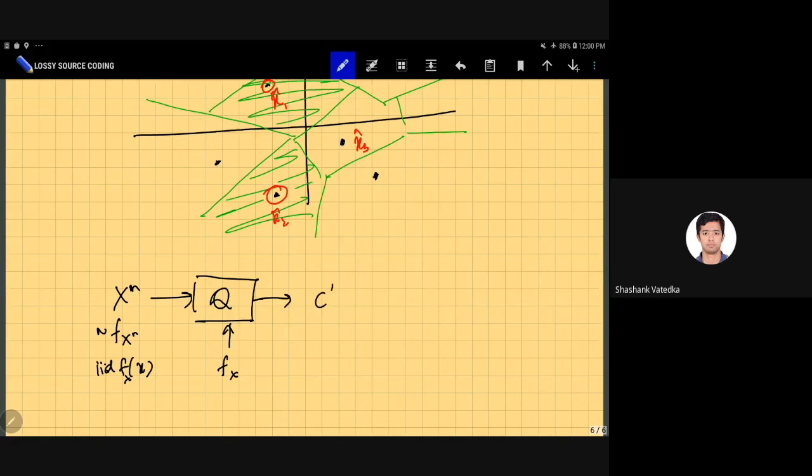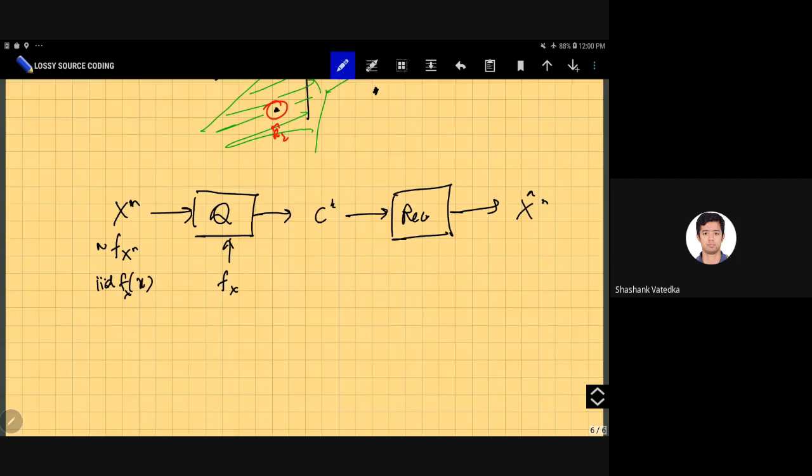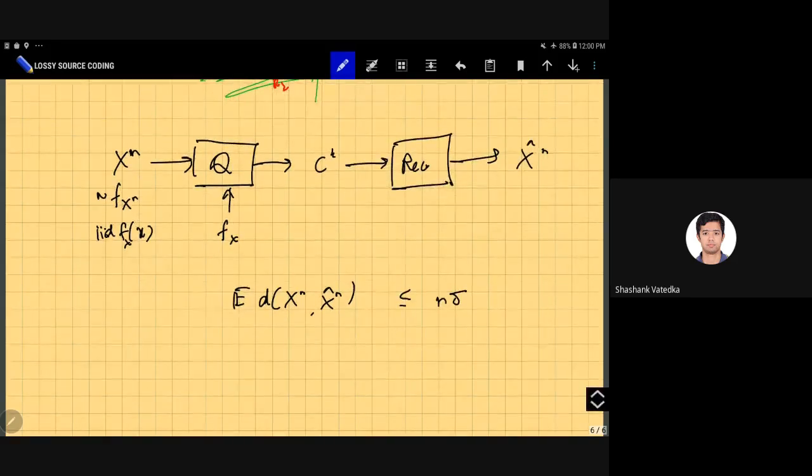Our goal is to once again represent it using 2^k levels, or k bits, and to reconstruct it, you get X^n hat such that the expected distortion is less than or equal to n delta, or the per-symbol expected distortion is at most delta.